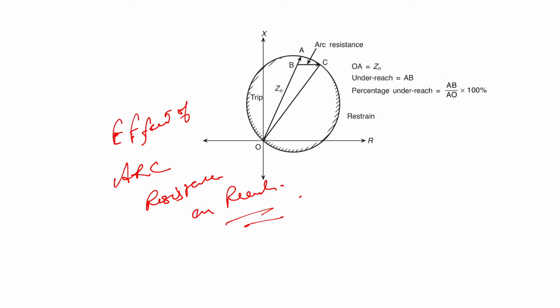Let us consider an arcing fault at the point B. The fault occurs at the point B, an arcing fault towards the end of the protective line section OA.